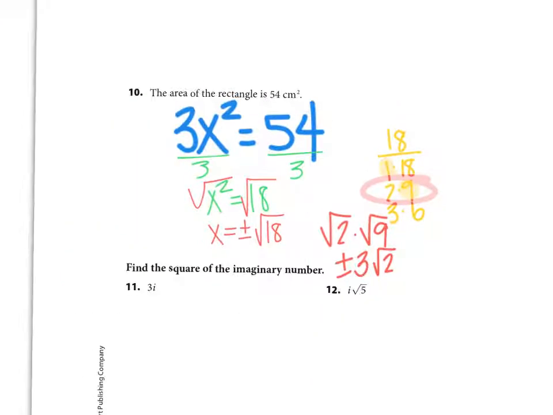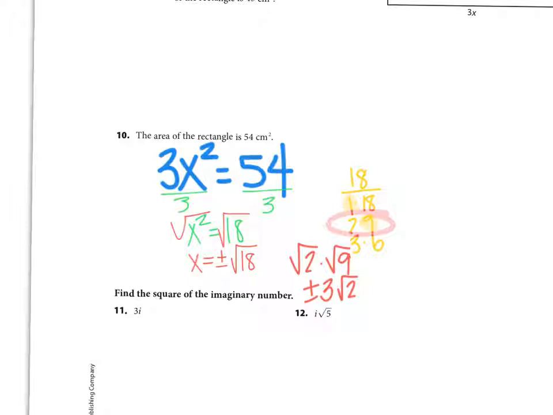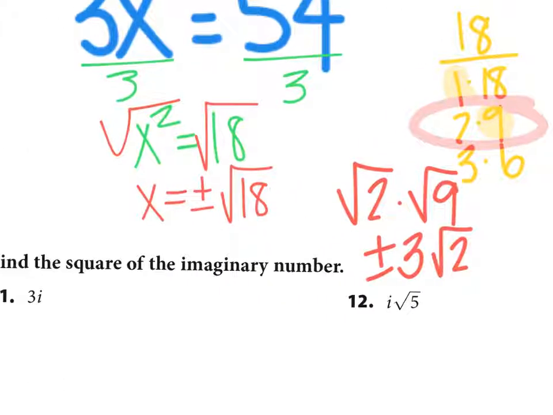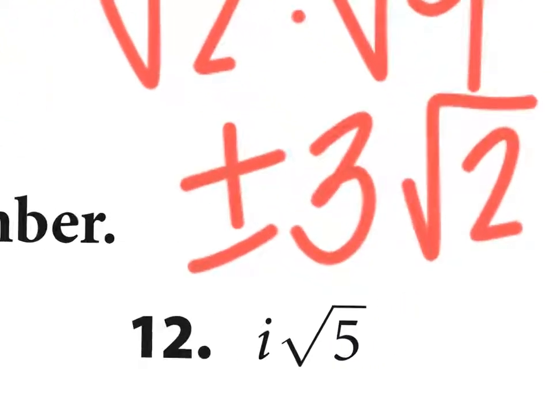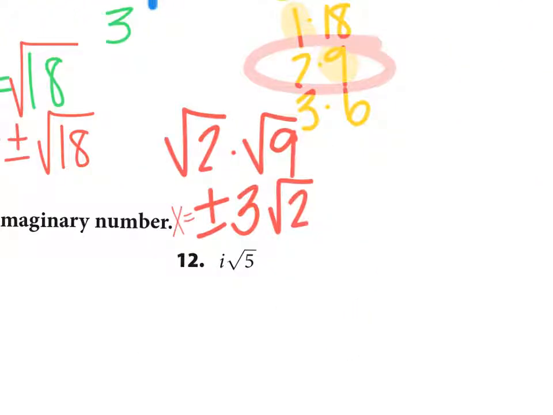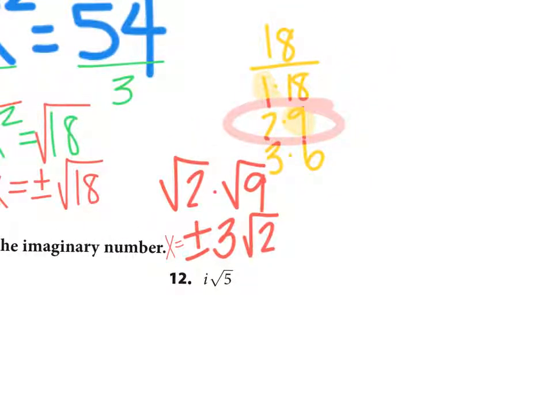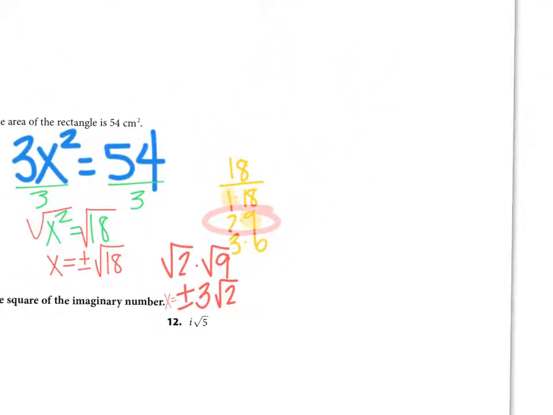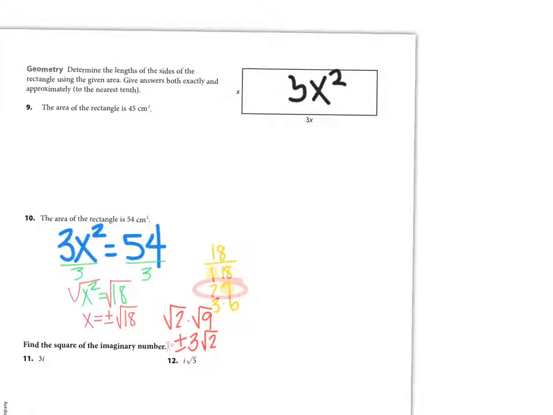Now, we are finding the area of a rectangle, and we found out that x equals this number. This is not just some random number. What are we finding out if we're finding x? The height, yeah. So can my height be negative?